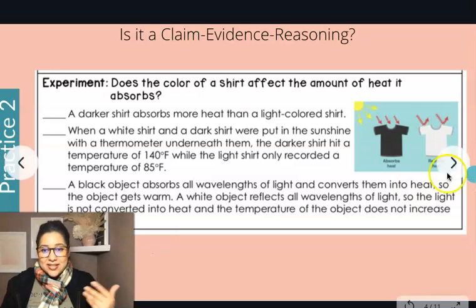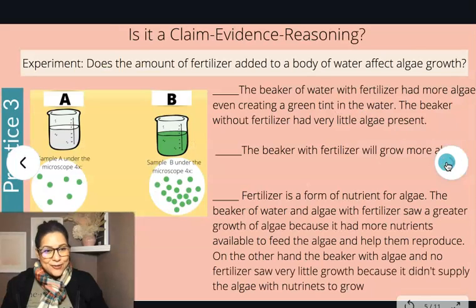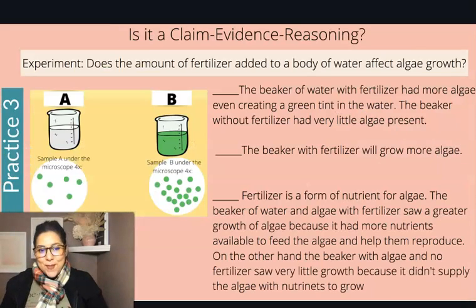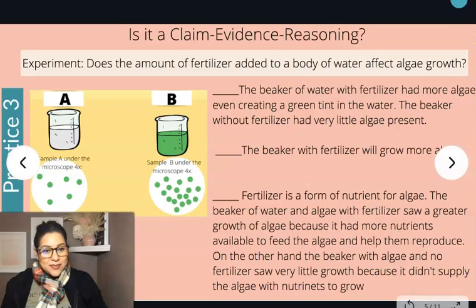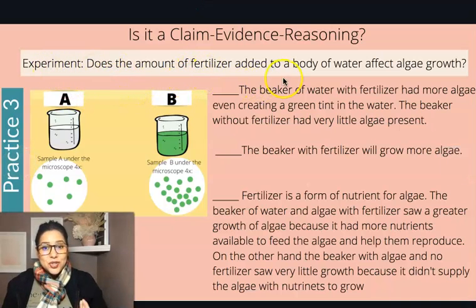And now that we've done that together, I want you to try to do one on your own. So we're going to do a little throwback to our algal bloom, and we're going to look at an experiment that explores the amount of nutrients versus the algal growth in a body of water. Our experiment is guided by the following question: does the amount of fertilizer added to a body of water affect algae growth?